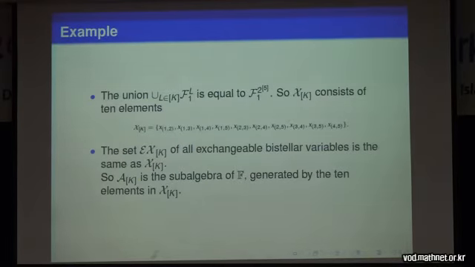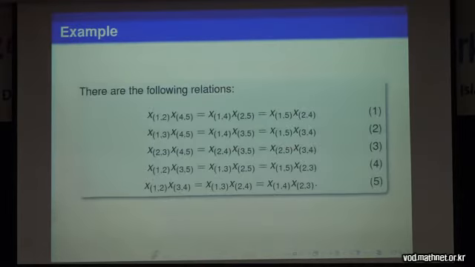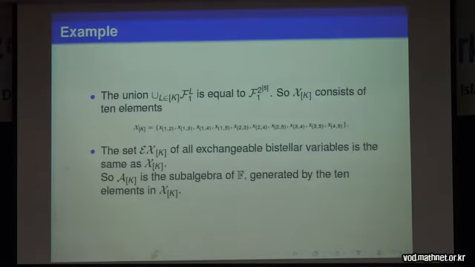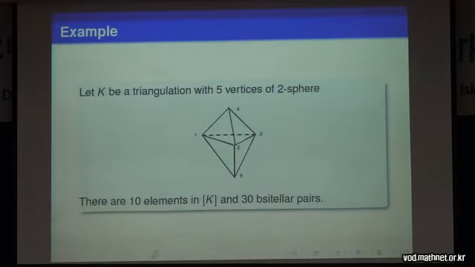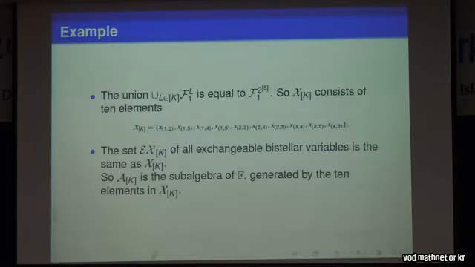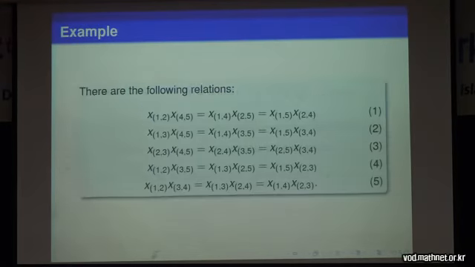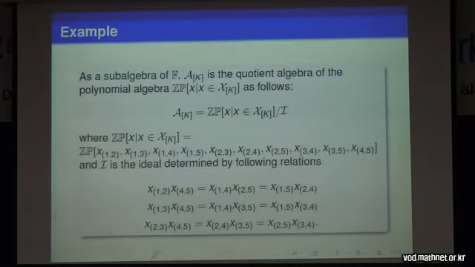For this example, we can calculate what the algebra is. Finally, you can calculate that this algebra is just the quotient algebra of some polynomial algebra by some ideal.